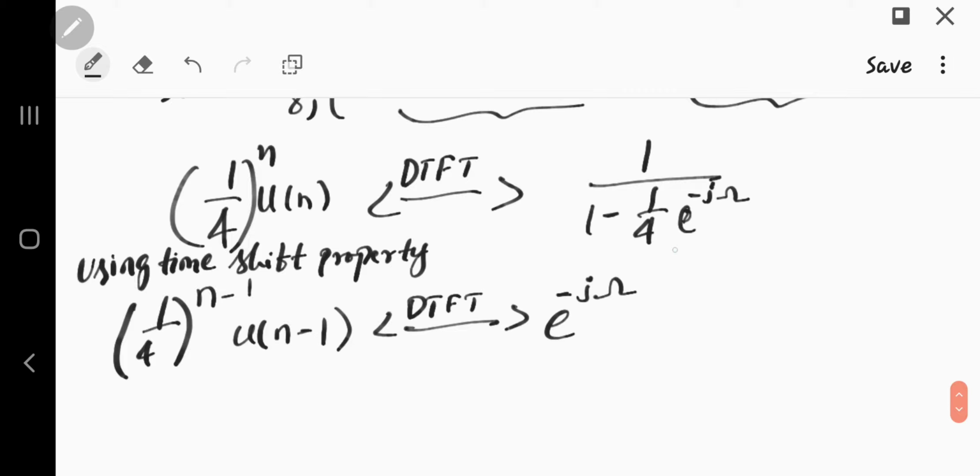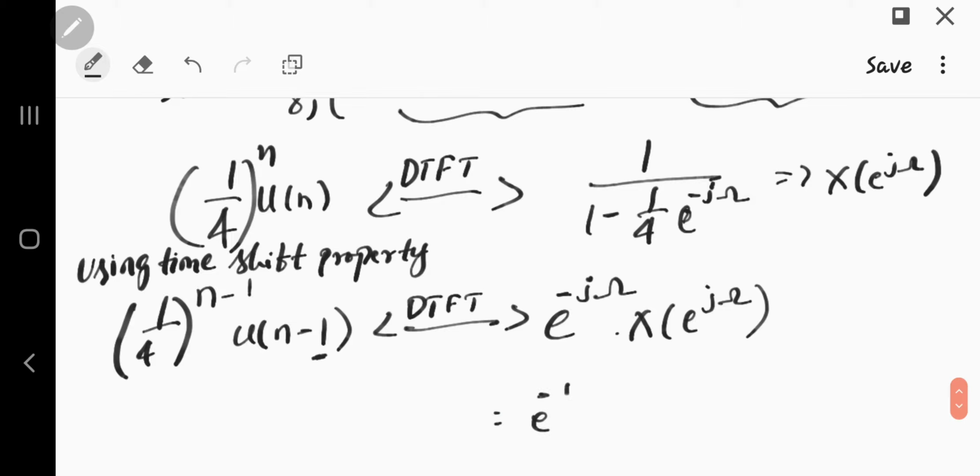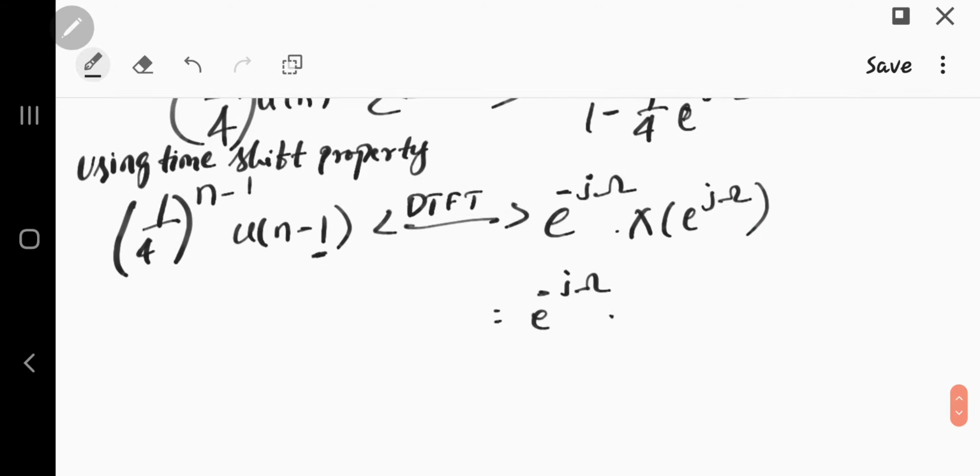What is the value of n naught here? You can say this is 1. So I leave it as it is: e power minus j omega into X of e power j omega. As I mentioned, this is my X of e power j omega, which I have to substitute here. So e power minus j omega into 1 divided by 1 minus 1 by 4 e power minus j omega.